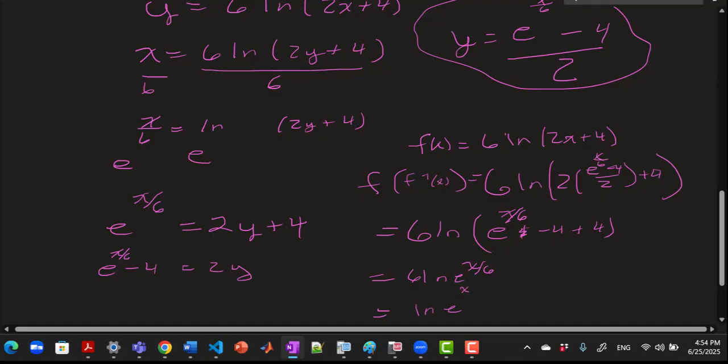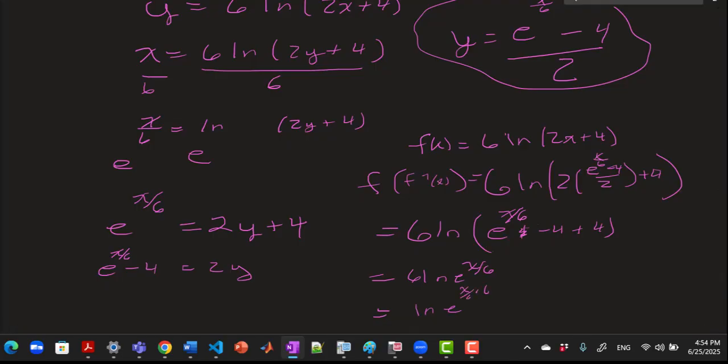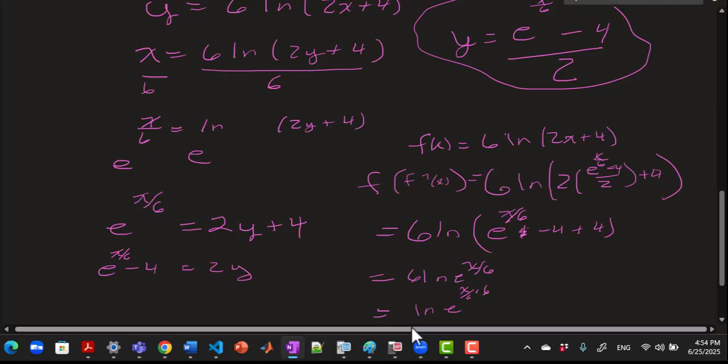So this is e to the x over 6 times 6, which is a natural log of e to the x, and the natural log of e to the x is x. So these are, in fact, inverse functions of each other.